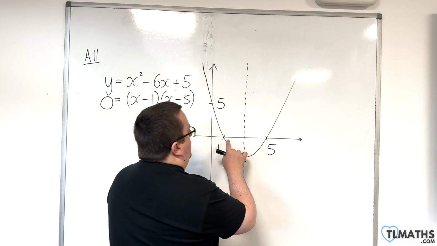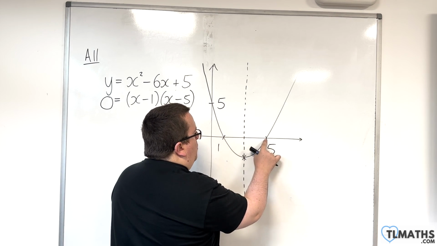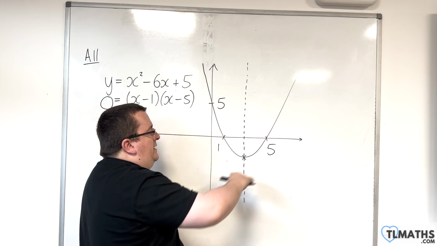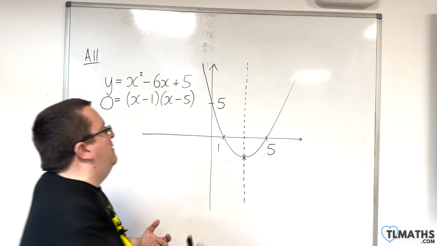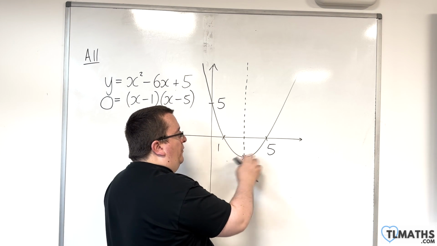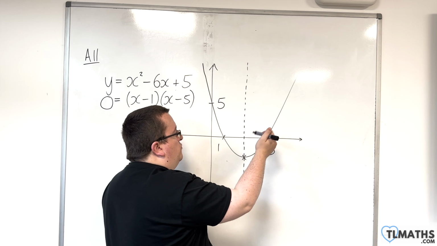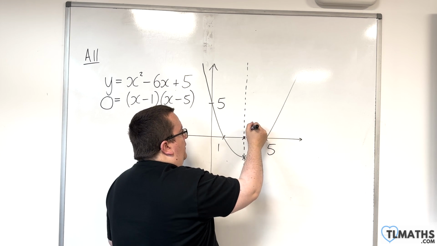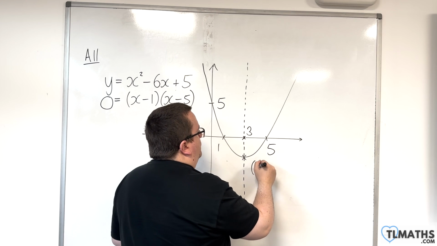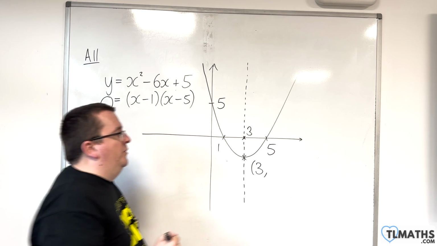Well, yes, I can, because it has to be halfway between 1 and 5. So if I was to find the average of 1 and 5, that would be 1 plus the 5, and then halve it. So 1 plus 5 is 6, divided by 2 is 3. So this is 3 on the x-axis. That means I already know the x-coordinate of that point.